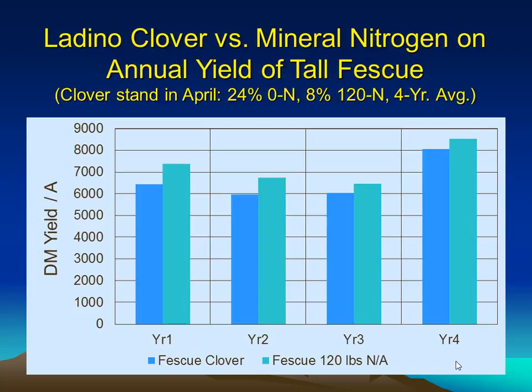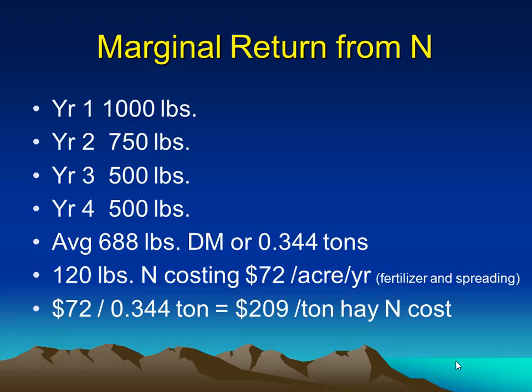It's a West Virginia soil, even though the research was done in Kentucky. So we share soils. So fescue clover, fescue nitrogen, clover, nitrogen. Year one, got 1,000 pounds more, then 700, 500, 500. Average over 4 years, 0.3 tons.